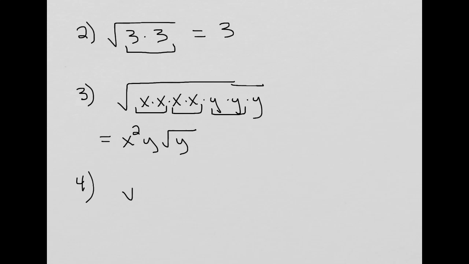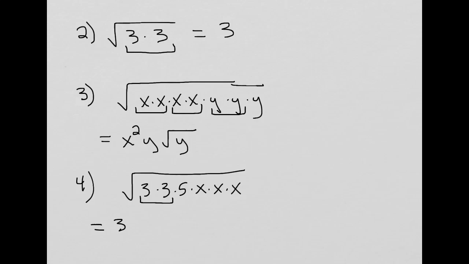So imagine this time I have the square root of 3 times 3 times 5 times x times x times x. Well, this time I've thrown numbers in, but the simplification process is no different. So when we look at our 3's, notice I've got 2 factors of 3, and since I'm doing square root, for every 2 factors I can pull 1 out, so I can pull a 3 out. The 5, unfortunately, I'm stuck with, because 5 doesn't have a partner, so I can't pull out a 5.